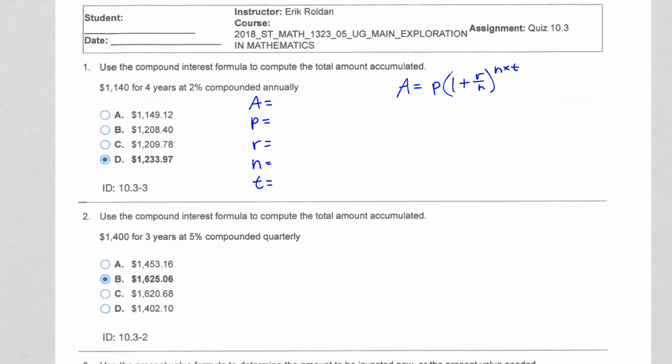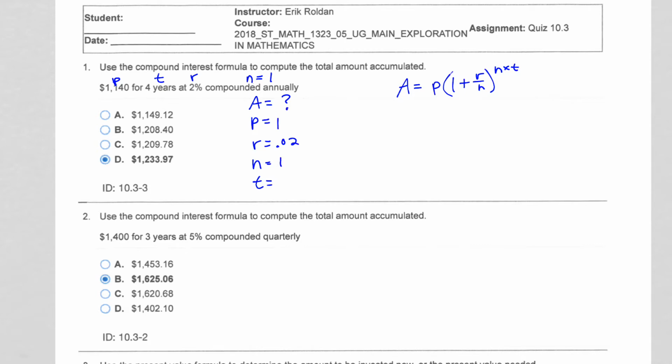So this is the account balance in the future. We don't know what that is, but the principal is right here. This is T and this is R. And compounded annually means this calculation happens once a year. All right, so the rate is 0.02.